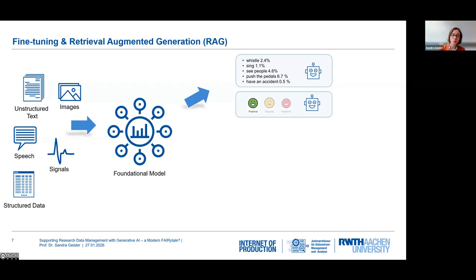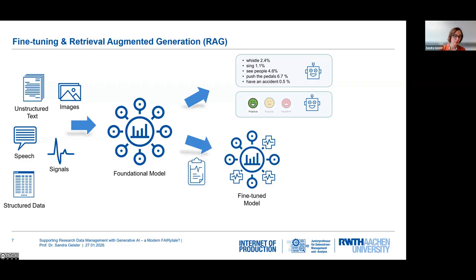However, you can also improve on that, because you all know about hallucinations, so that, for example, answers could be created which are not true. To improve outcomes, and we will see a little bit later what to do about that, there are different common methods.